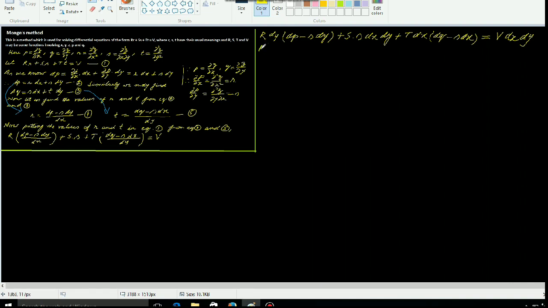Now opening the bracket, we get R dy dp minus R s dy square plus S s dx dy plus T dx dq minus T s dx square.